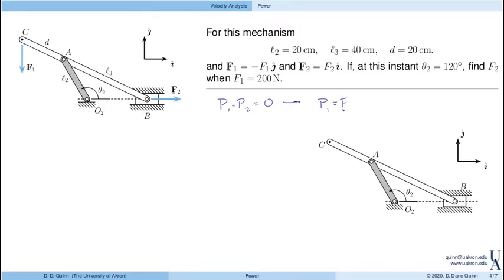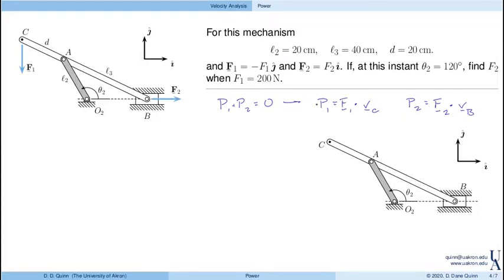It's the force, which is a vector quantity, F1, dot the velocity of the point that it's applied to, that's C. And P2 here is the force F2 dot the velocity of the point that it's applied to, B. These are vector quantities.